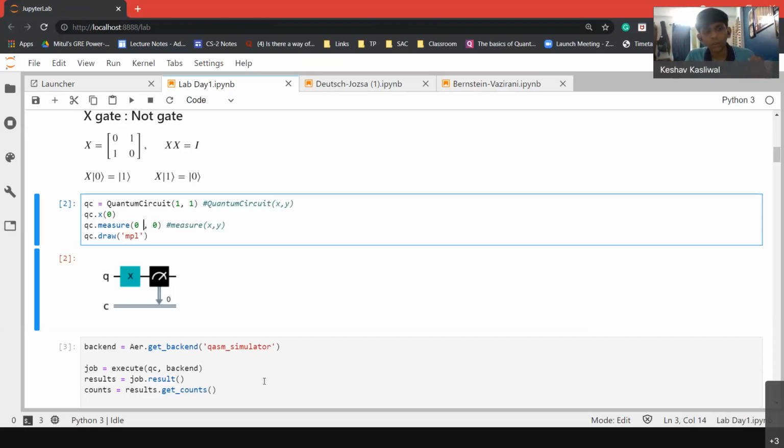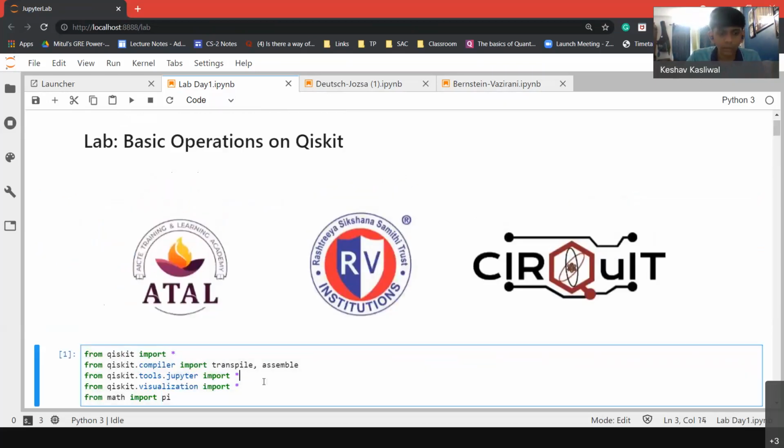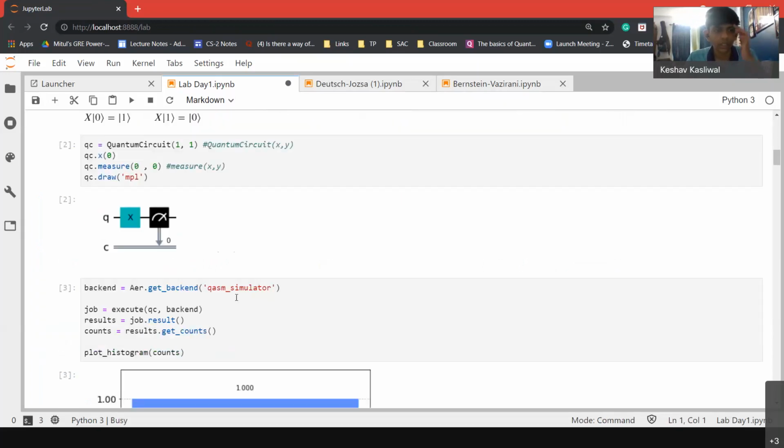To visualize it, to see how the circuit looks, that is where the qc.draw function comes in. I'll execute it right now so that it finishes by the time I finish my explanation. qc.draw means that we draw the quantum circuit we have built till now, to get a proper visualization of that circuit.